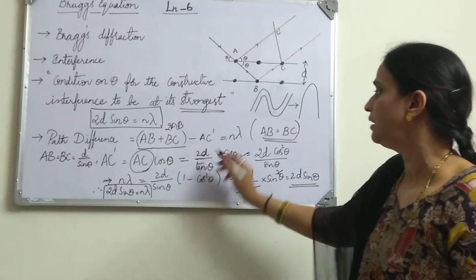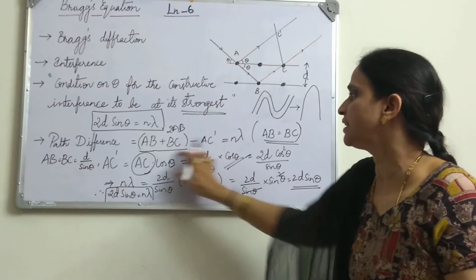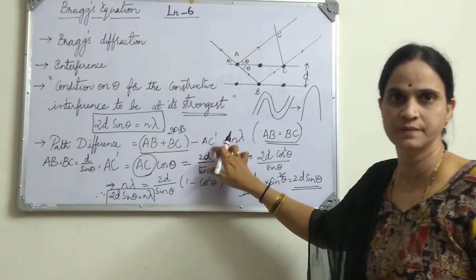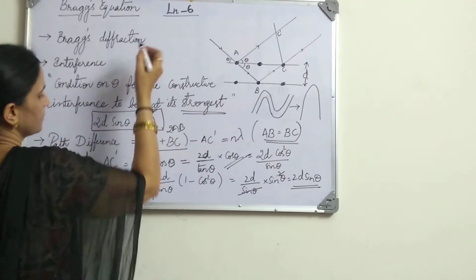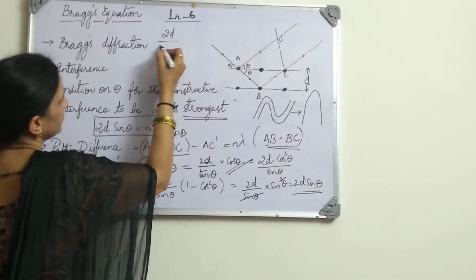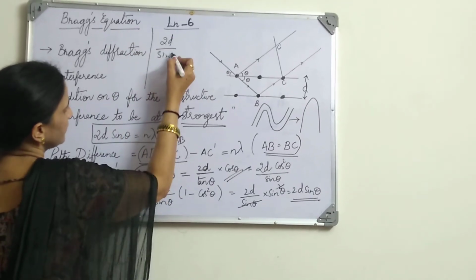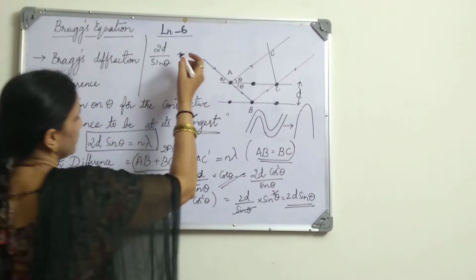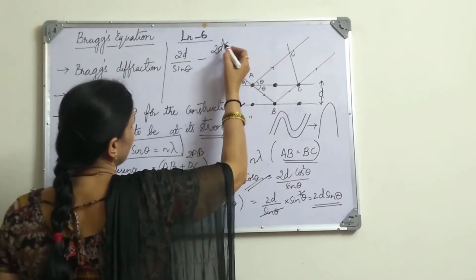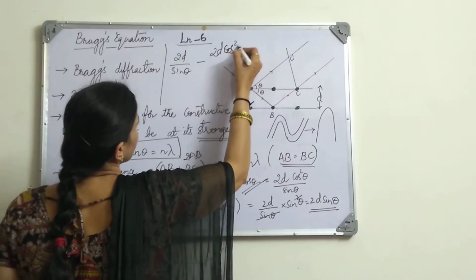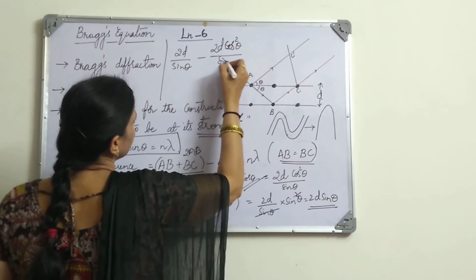Then when we substitute these two values here, that gives us 2d by sin theta minus 2d cos square theta by sin theta.